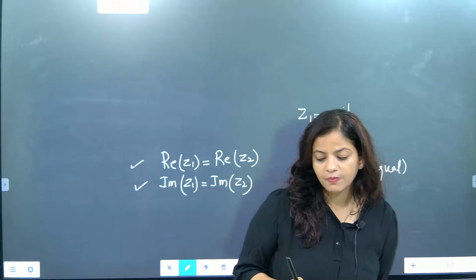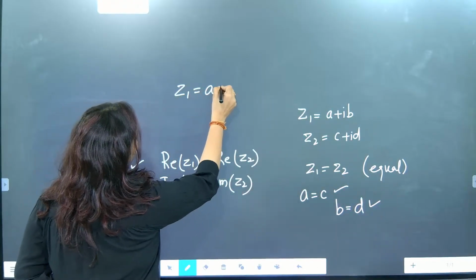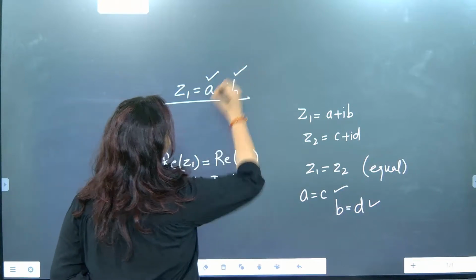When we add complex numbers, there is another important point: when complex numbers are written like this, this is the real part and this is the imaginary part.